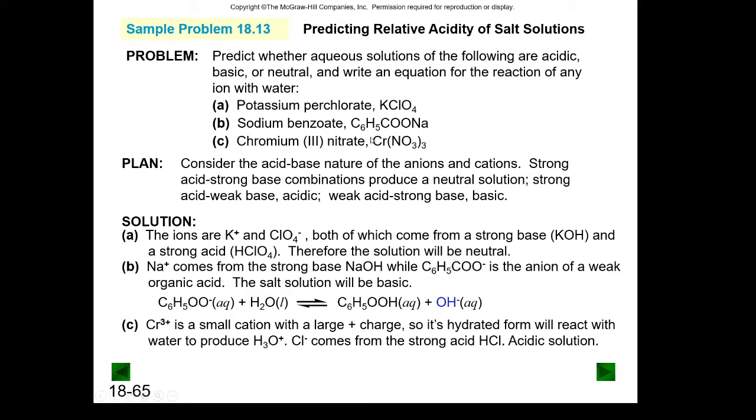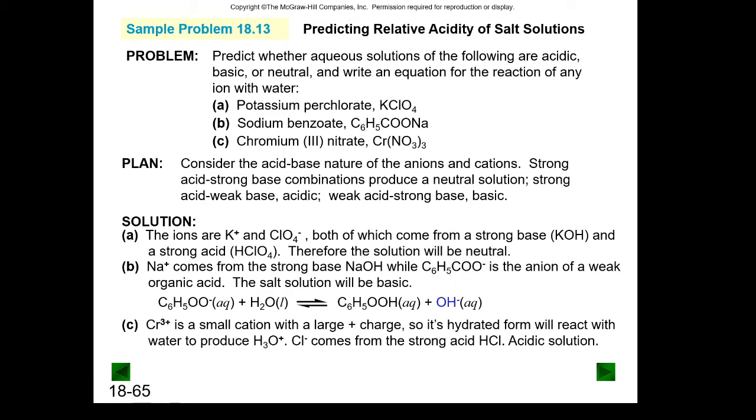Okay. Let's look at the next one. Sodium benzoate. I've got sodium. That's from a strong base. But I have this carbon, COO minus. Take that off, and your ion is this right here, which is no different. Well, I mean, it's different, but it's the same idea as acetate.